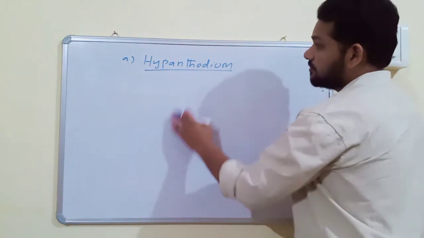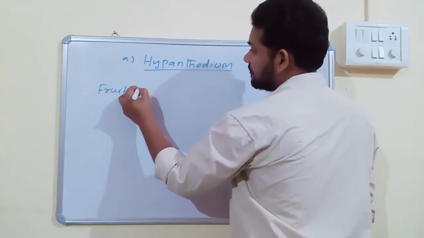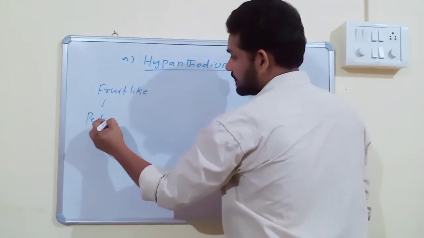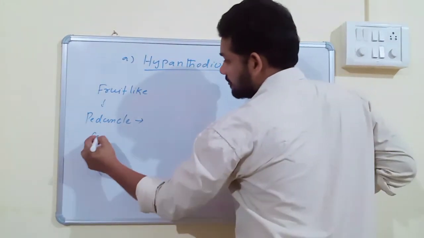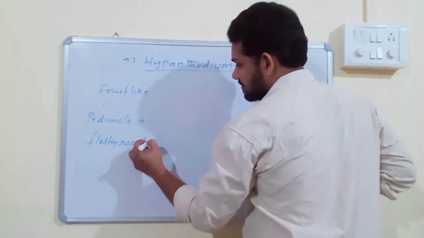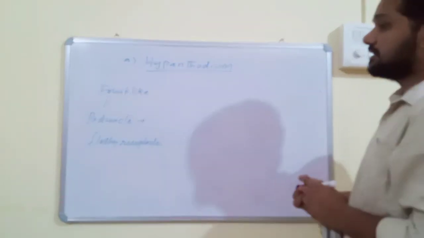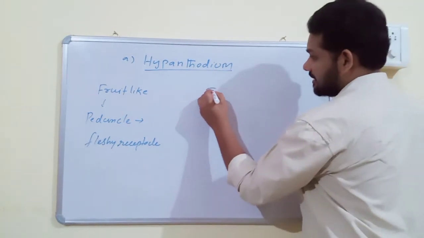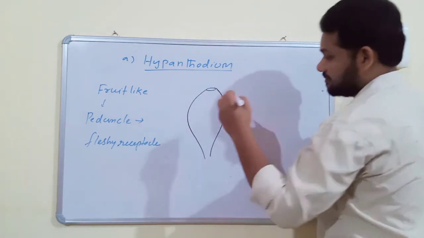The hypanthodium is also called fruit-like inflorescence because in it the peduncle stores food material and becomes a fleshy receptacle. This fleshy receptacle generally appears like a fruit, and it has a small pore at its apex, like this.